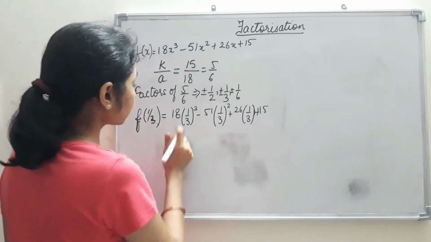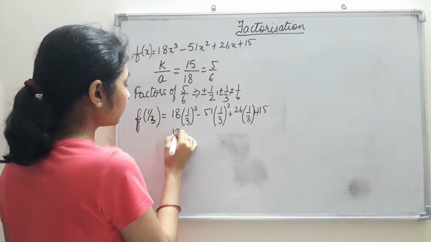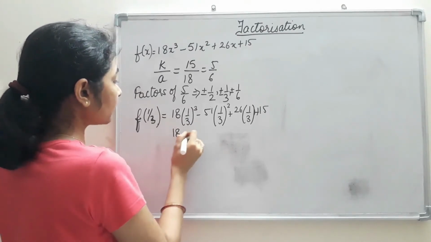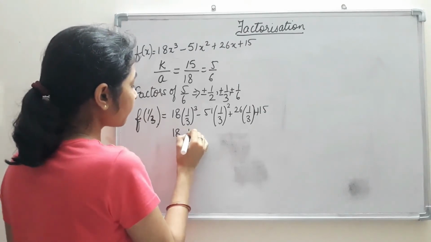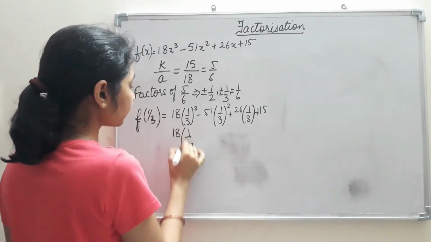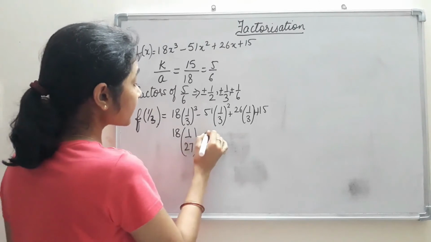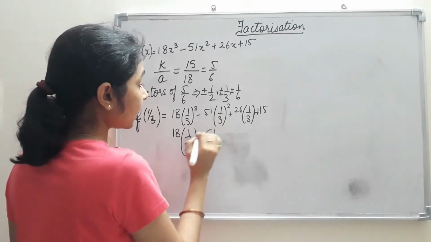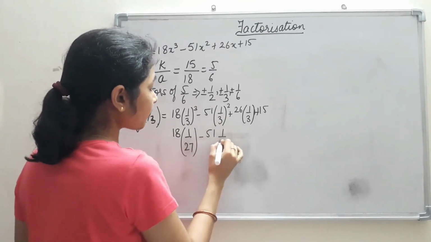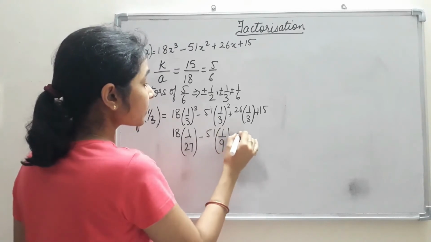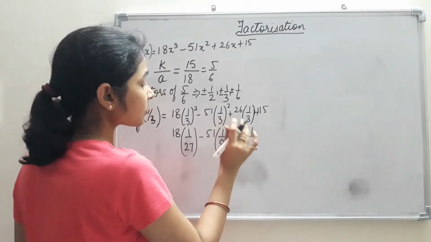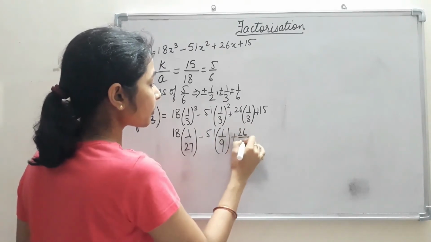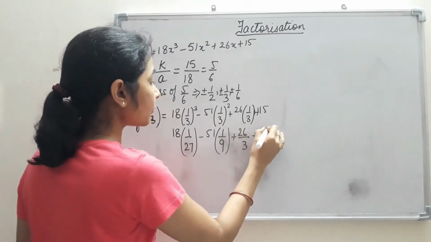Starting with 18 into the cube of 1 upon 3, which is 1 upon 27, minus 51 times 1 upon 3 square, which is 1 upon 9, plus 26. 1 upon 3 does not divide, so I just write 26 upon 3 plus 15.